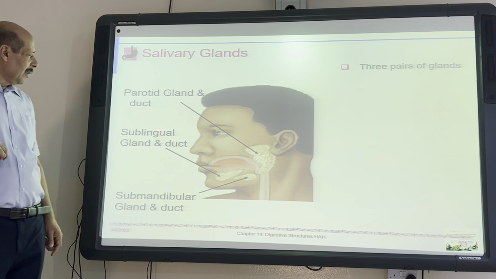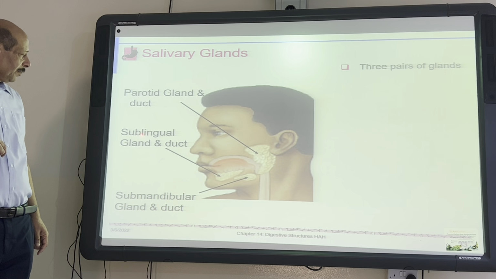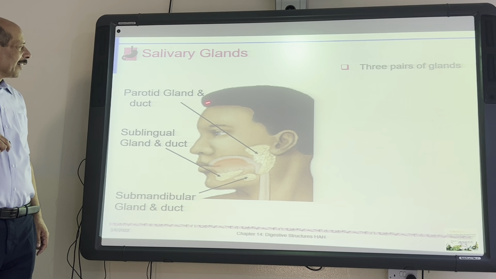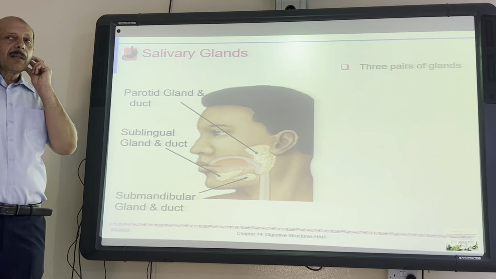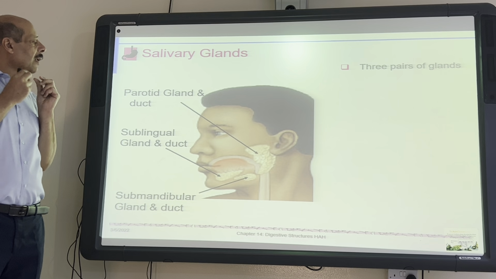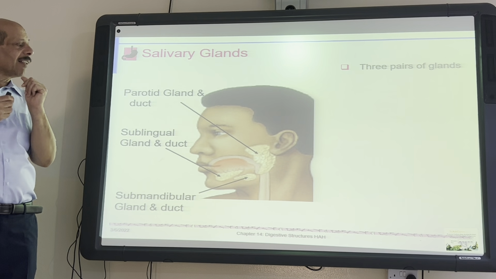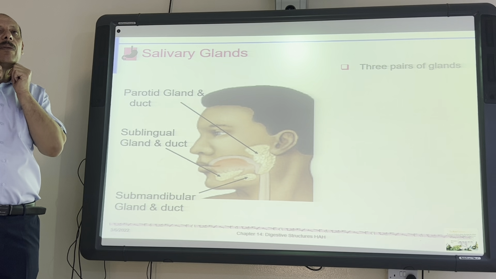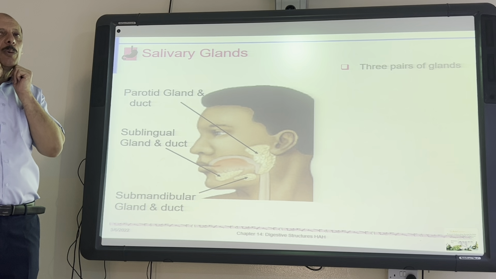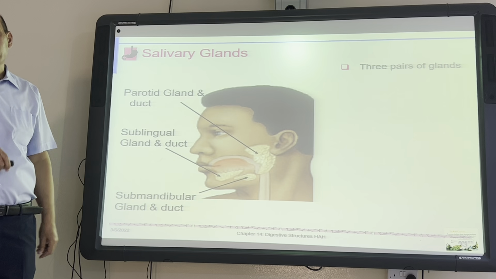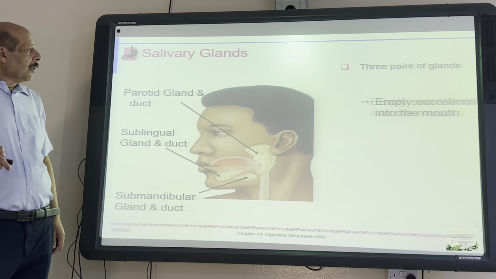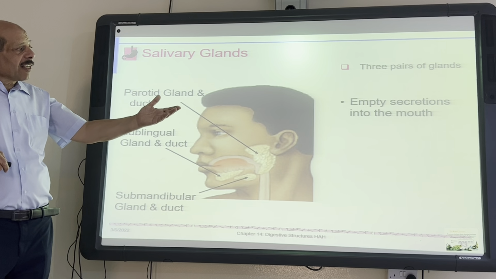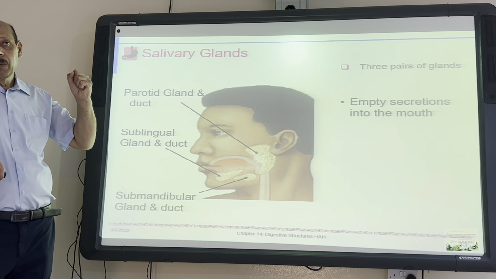So there are the parotid gland, which is coming here in this area, then the sublingual under the tongue, then the submandibular. Pairs are there, 2, 2, 2. So 6 glands are there. They empty their secretion in the mouth.